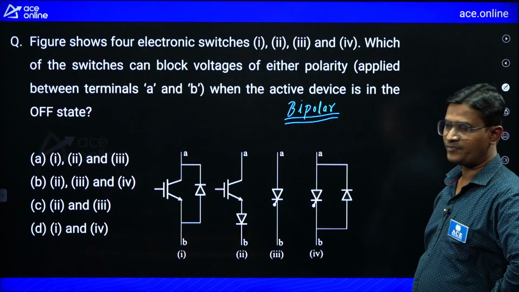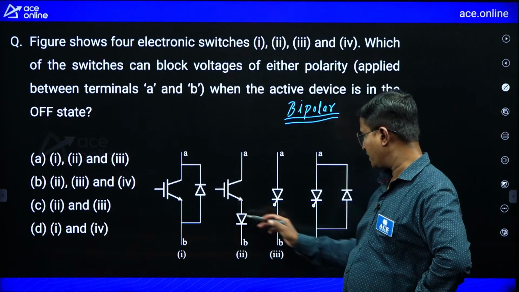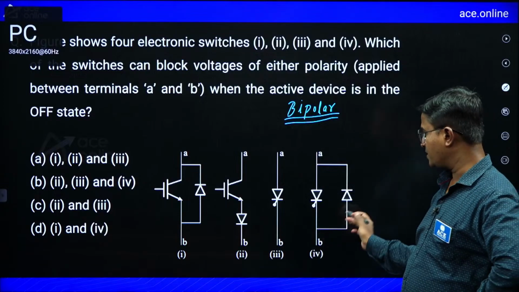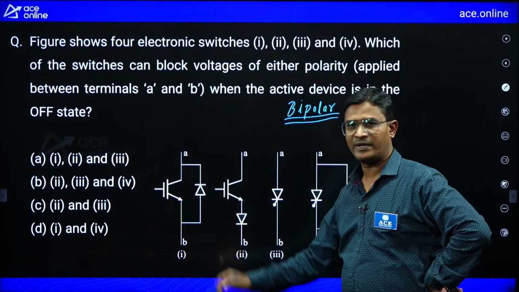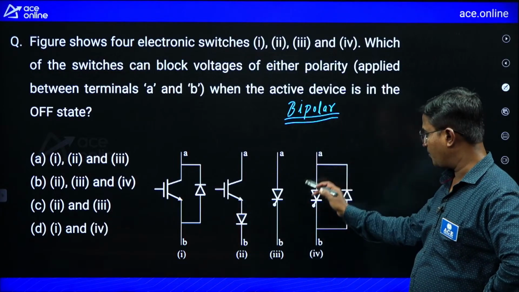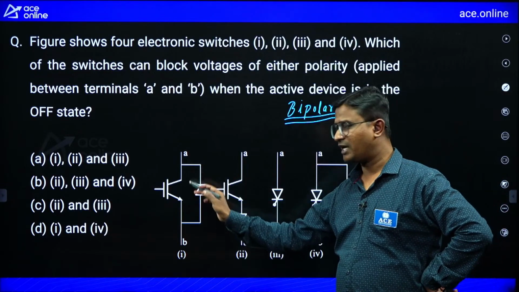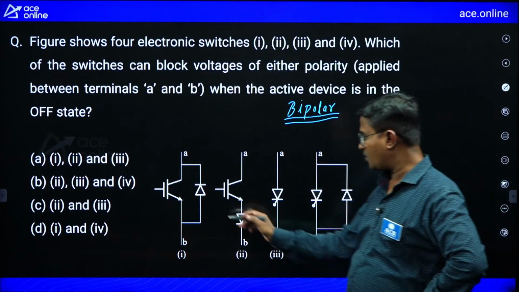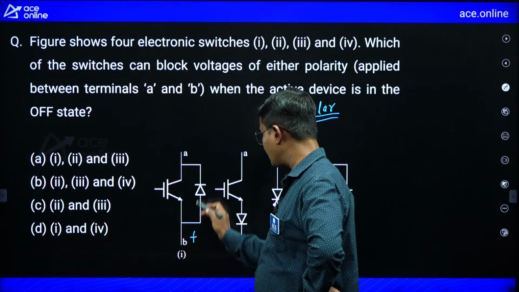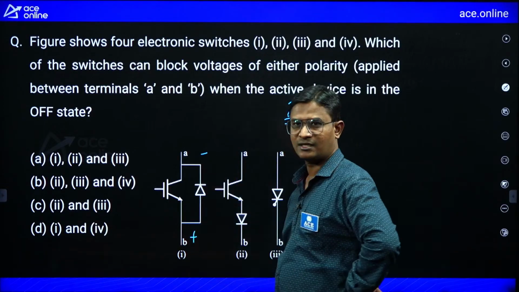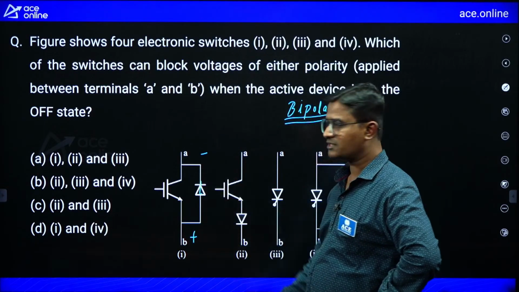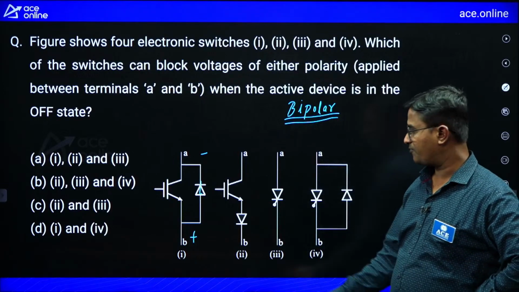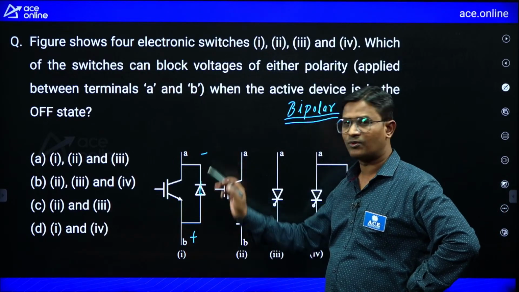Always keep in mind, if you are having this type of diode connection, when the diode is connected in anti-parallel with your active device, then your composite switch will not be able to block that reverse voltage. What happens? Because of diode, when I maintain the reverse voltage here, plus here, minus here, this diode will immediately start conduction. So therefore my composite switch will not block that voltage.